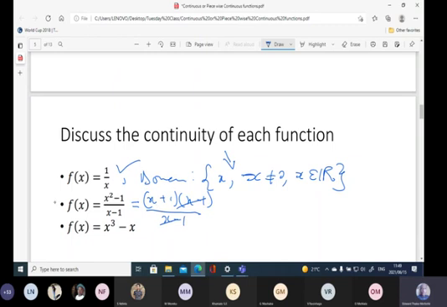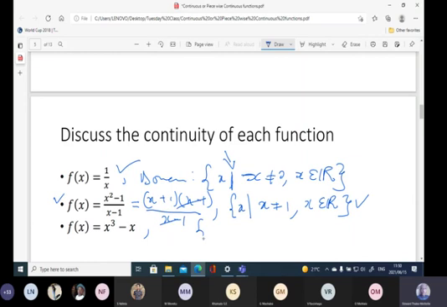So from here we can say that f has got a removable discontinuity. Its domain is x not equal to 1, and x an element of real numbers. So this function will be continuous in this given domain.